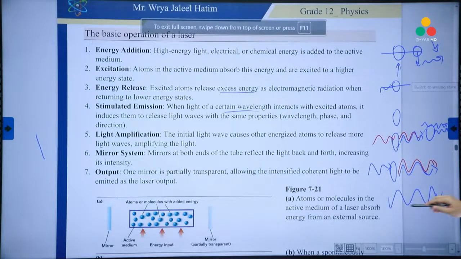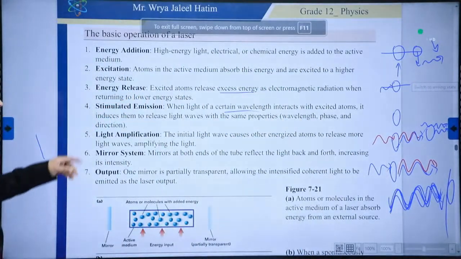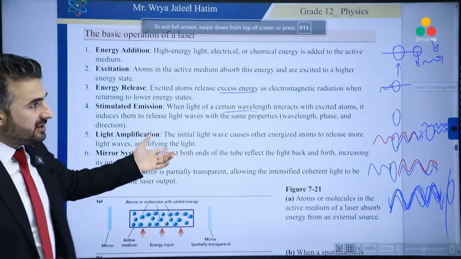These mirrors allow the light waves to go back and forth until we get a high intensity wave of light. Then one of the mirrors is partially transparent and allows the light to go through. But let me not get ahead of that. We are at stimulated emission. So what was stimulated emission?